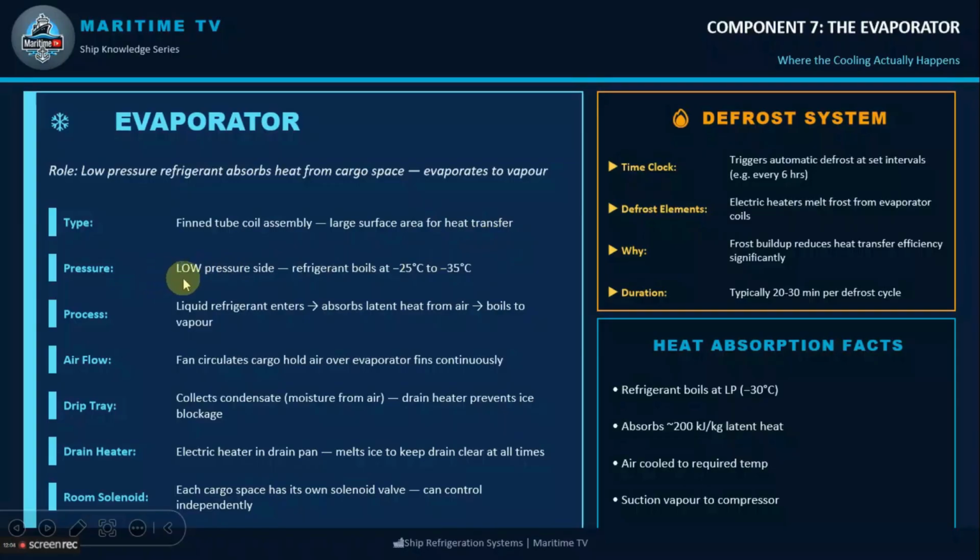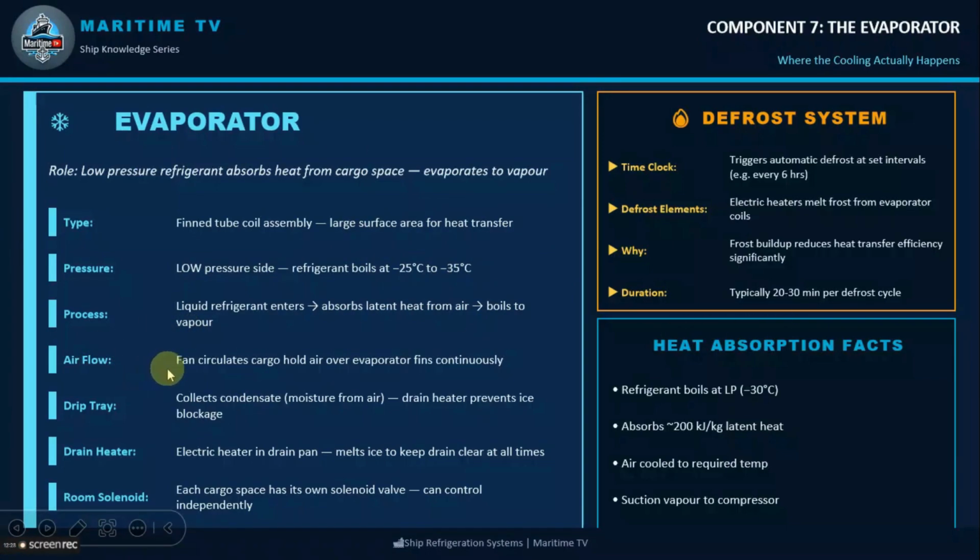This is the low pressure side. The refrigerant boils at minus 25 to minus 35 degrees centigrade. In this process, liquid refrigerant enters the evaporator and absorbs latent heat from the air, so the liquid refrigerant boils to vapor.